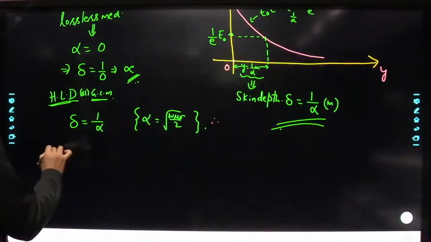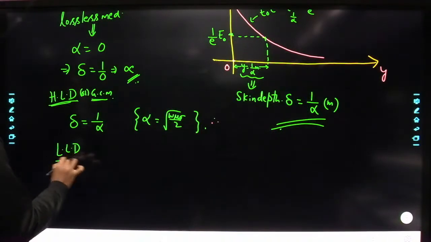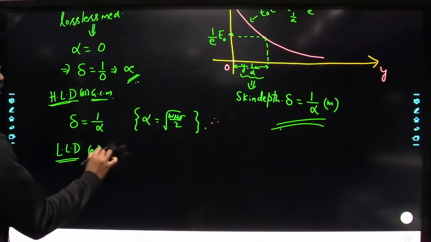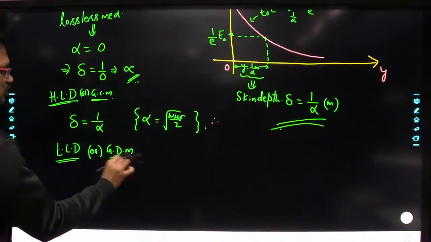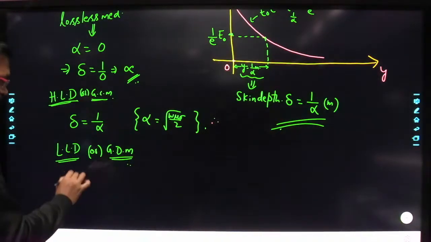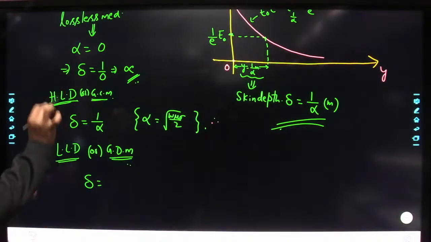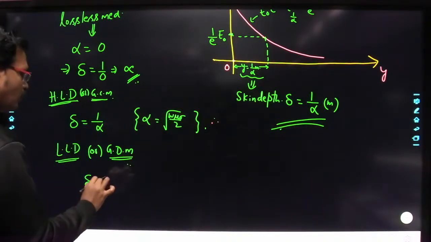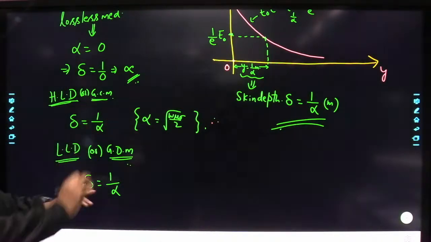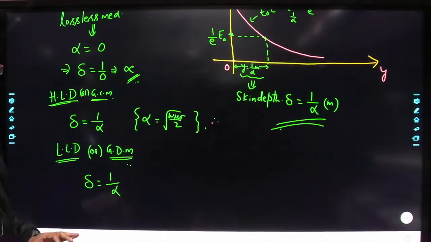So if you consider low loss dielectric or good dielectric medium, then in this case delta, the skin depth, whatever may be the medium, in general the skin depth is equal to 1 by alpha, and you have to substitute the value of alpha corresponding to that medium.